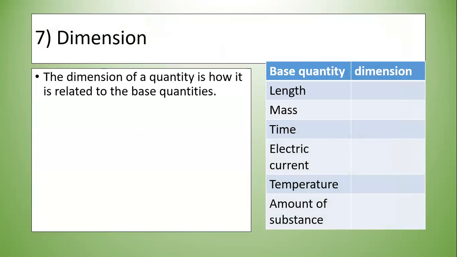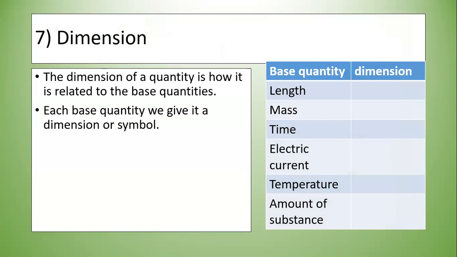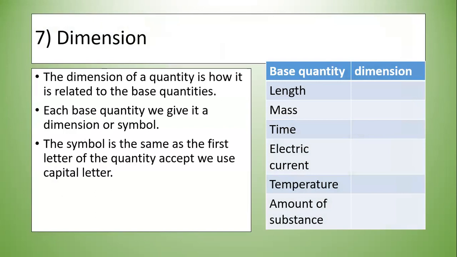Right? Previously, we used unit. With dimension, we are more interested in how the quantity is related to the base quantity. This is base quantity. Each base quantity, we give it a dimension, or we call it a symbol. Right? We use the first letter.